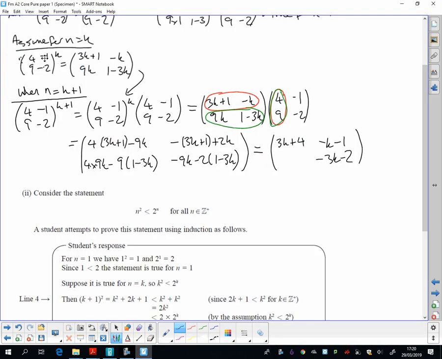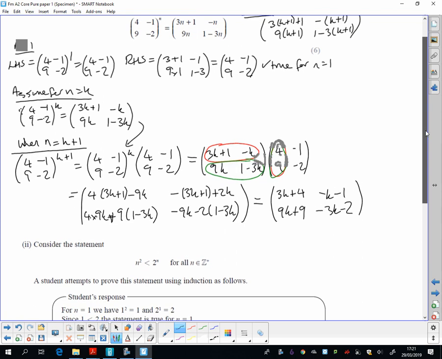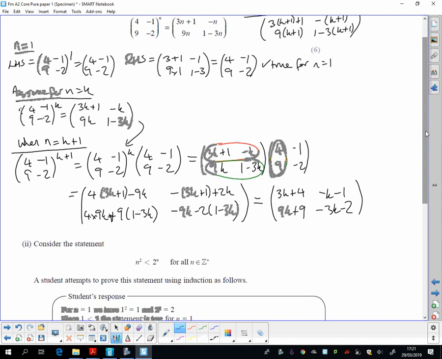Okay, so the error here was actually, I just put a negative there, and that should have been a positive, so that becomes 36k plus 9, take away 27k, which gives us 9k plus 9. If we have a look at what we're trying to get to, can I factorize this to be what we're trying to get to in terms of k?